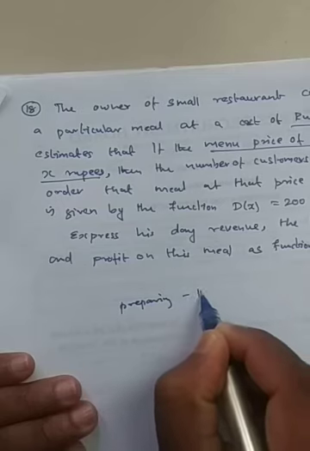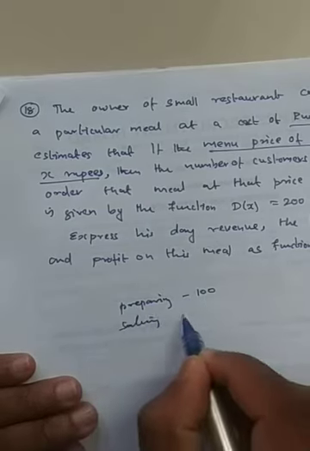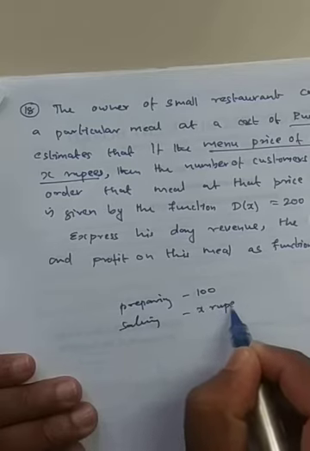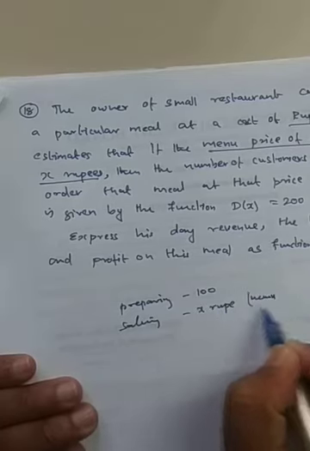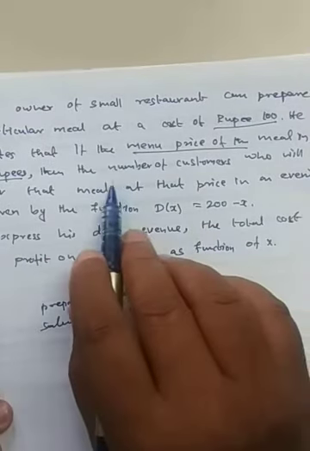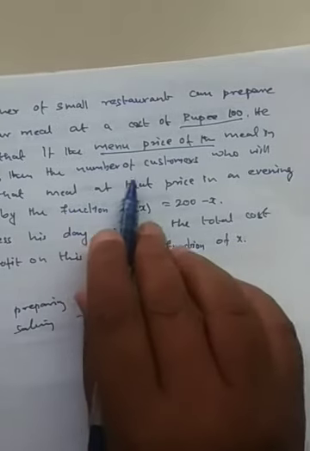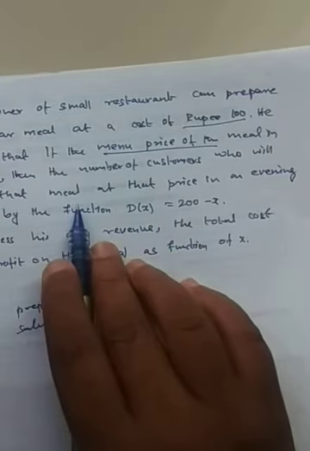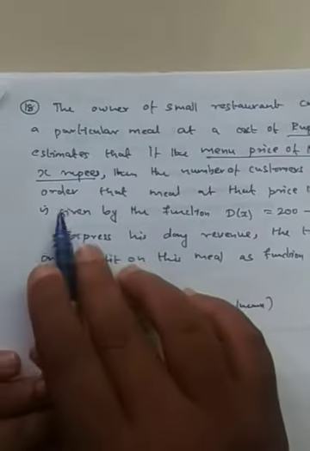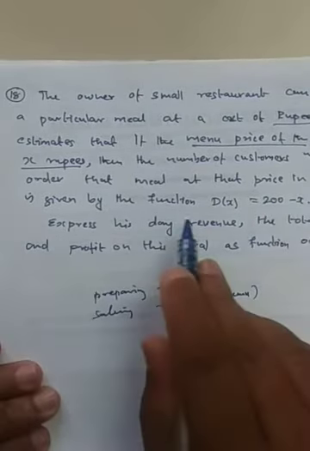That is the menu price. Next, the number of customers who will order that meal at that price in an evening is given by the function.